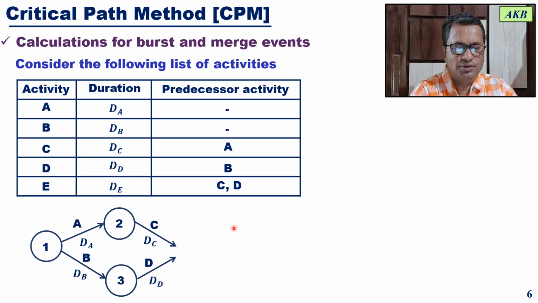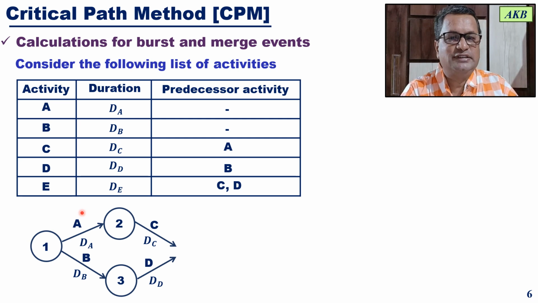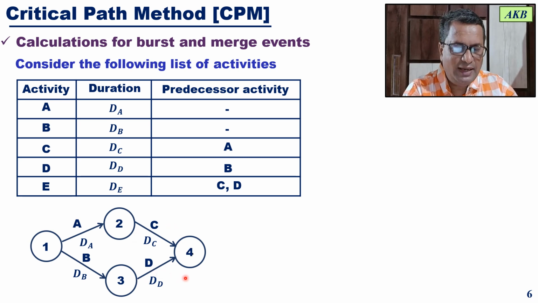Why am I doing this? Because for the next activity in the list, which is activity E, C and D both have to be completed. So we are completing it, and the end event for these activities will be the same, that is event 4. Event 4 will be the end event for activity C and end event for activity D.